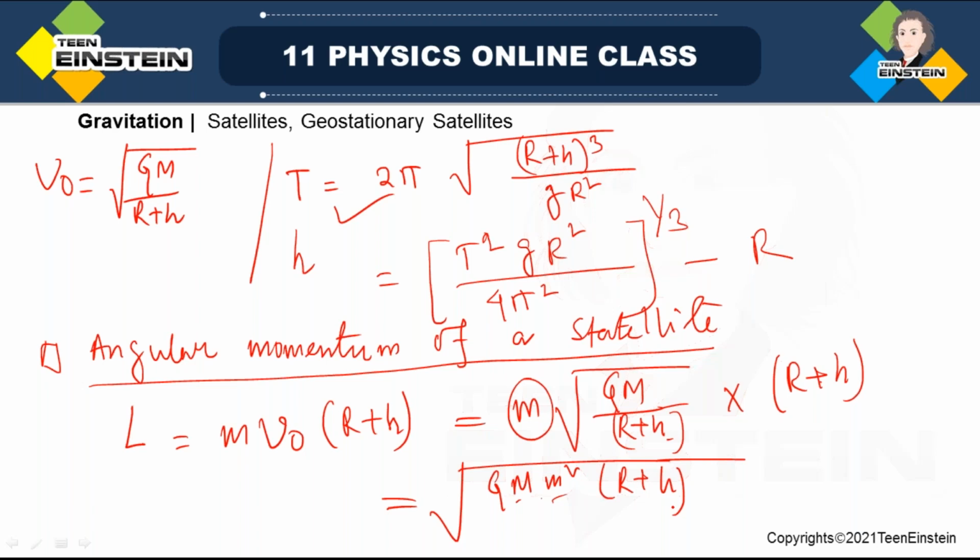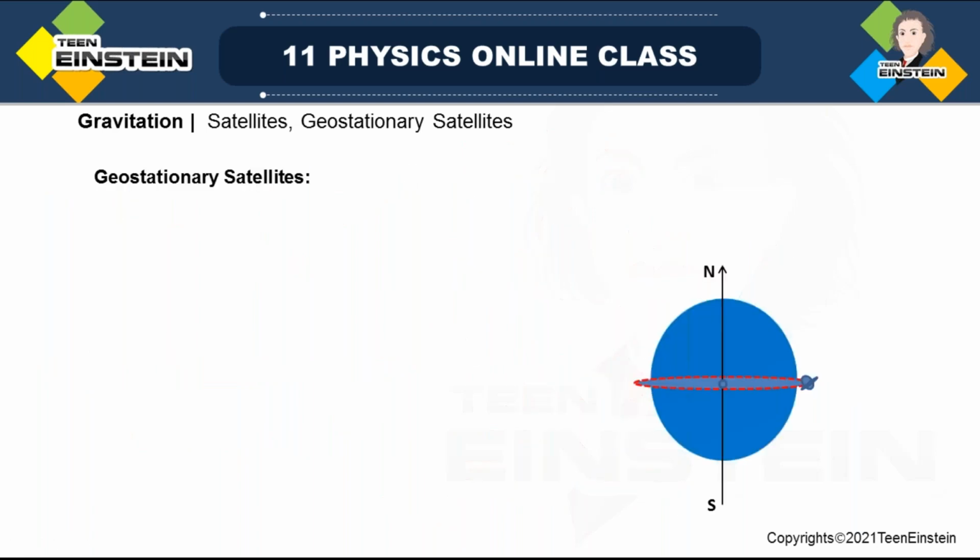So we have learned almost all the things about satellite. Now we'll go to a geostationary satellite. Now we'll learn what is a geostationary satellite. So look, suppose this is the earth.